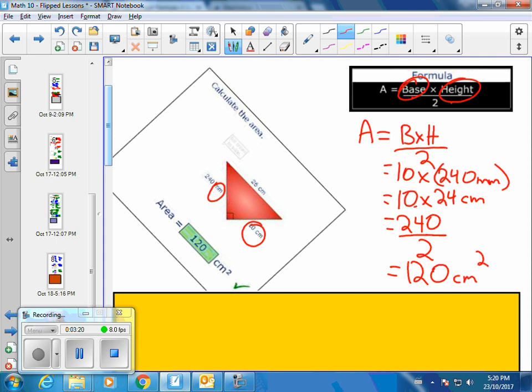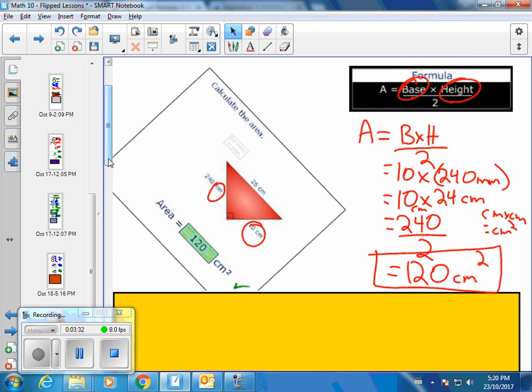We have to remember that since both these units are centimeters, we have centimeter times centimeter equals centimeter squared. We always have to finish in squared whenever we're dealing with area. So as you can see, it's a very simple set of processes. You just have to start plugging in numbers for each of the parts of the formula.